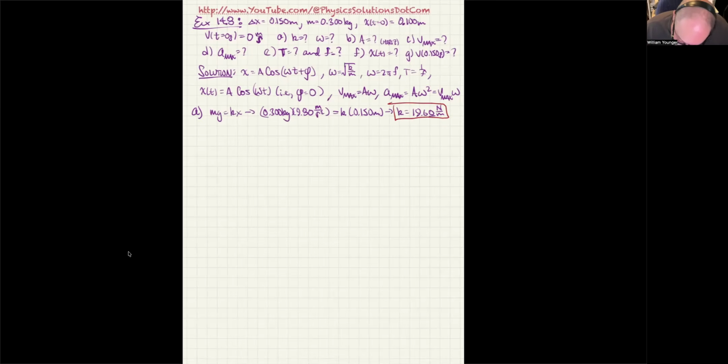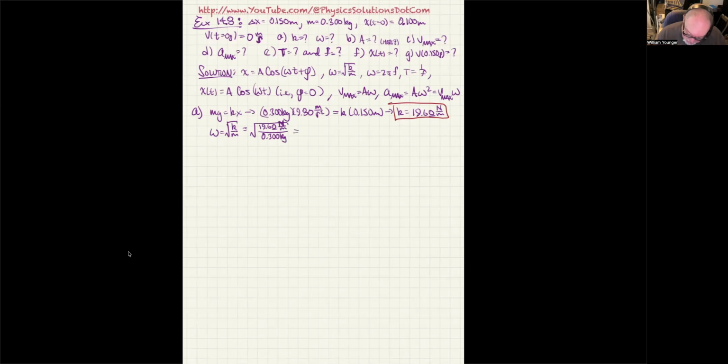And now that I have that, I can also figure out what omega is. Omega is the square root of k over m. They did tell us they're going to use the exact same mass, so that's going to be the square root of 19.60 newtons per meter divided by the mass, which is 0.300 kilograms. That will give us radians per second.